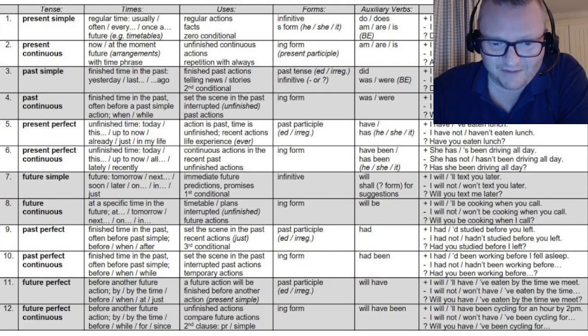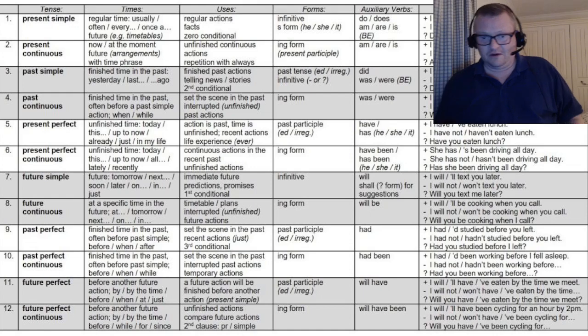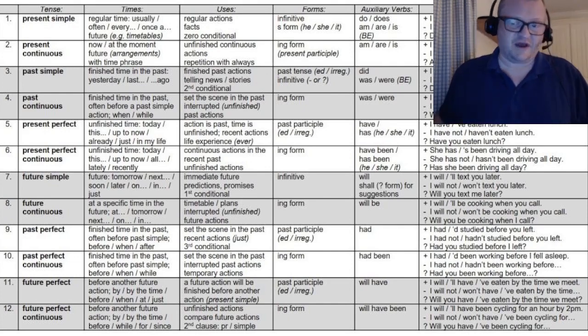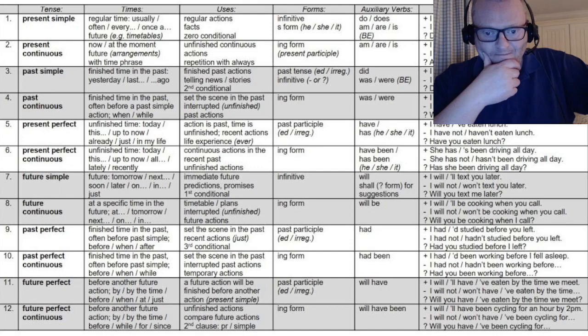Set the scene in the past. Interrupted past actions. I had been doing something when something happened. I had been cooking my lunch when the phone rang. Past simple is the most important action still. So it's had been plus ing.